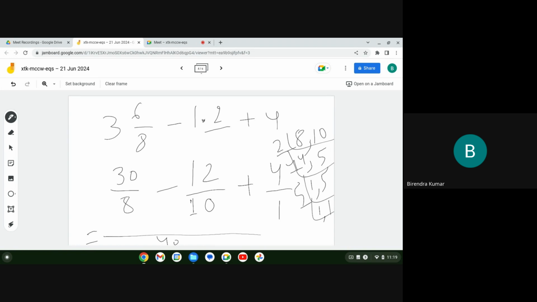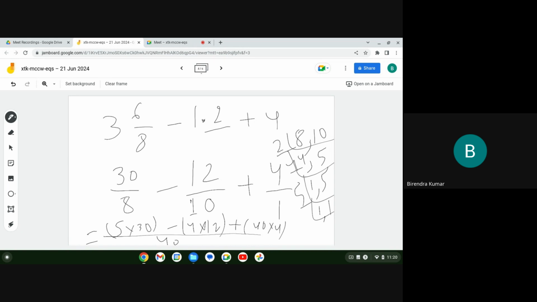How many times is 8 in 40? 5 times. So 5 into 30, minus 10 times 4 is 40, so 4 into 12, plus 4 into 40. And then we just go on doing it: 5 times 30 minus 4 times 12, whatever it is.